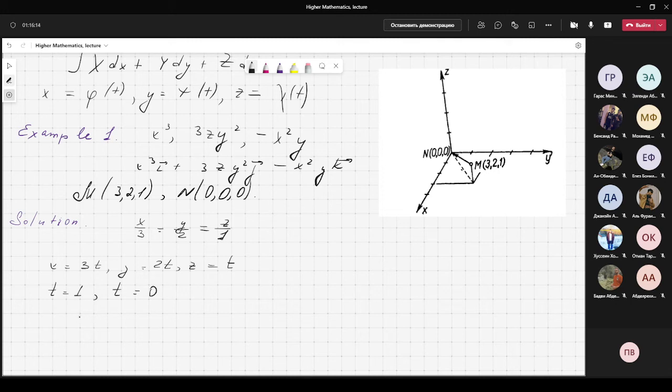The derivatives of x, y, z with respect to the parameter t, which will be needed for evaluating the line integral, are easily found: x prime of t equals 3, y prime of t equals 2, and z prime of t equals 1.